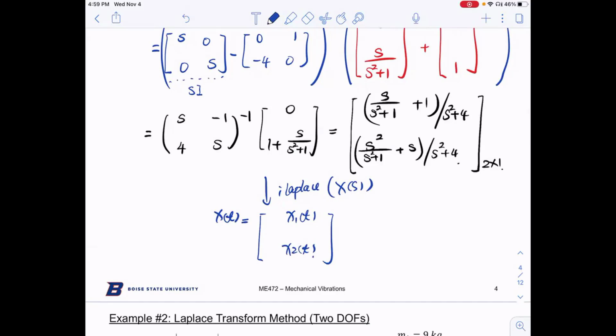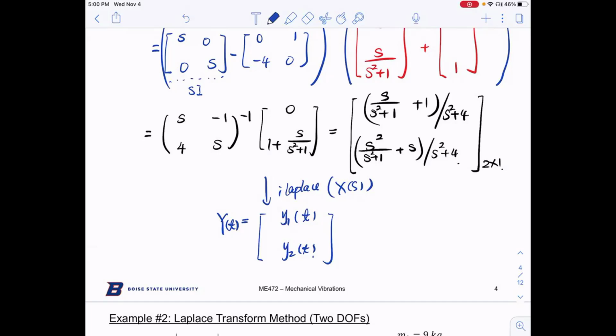So when you do I Laplace, your time domain function, I should say that's Y, this is your Y in time domain. This is Y1(t). This is Y2(t). So you actually have two solutions.